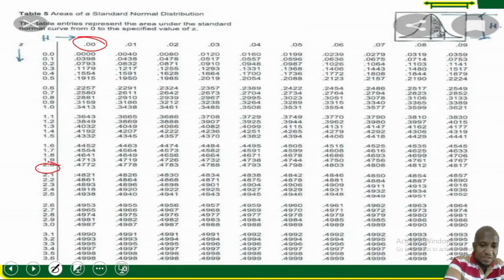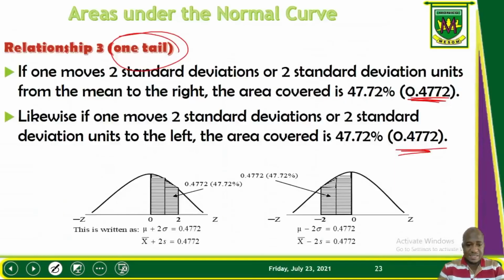And what is the corresponding value? 0.4772. So this is the value we saw on the table. When you are moving to the right in 2 standard deviation units, the area you cover, and when you are moving to the left in 2 standard deviation units, the area you cover will be the same thing. I hope we've understood this.